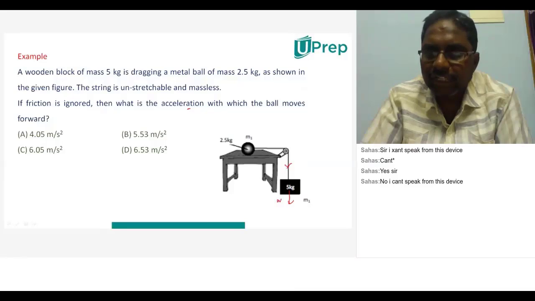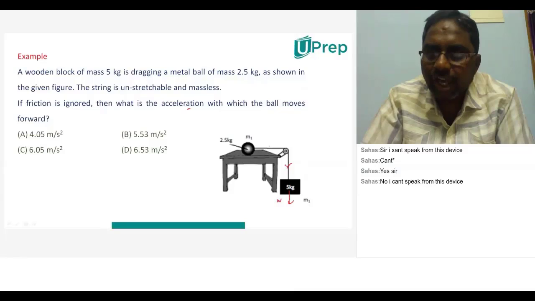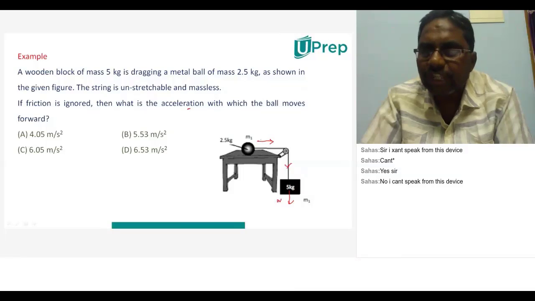When it is acting like this, whatever weight is acting on this 5 kg will act on this particular mass m2, and some force will act on the second object by which it moves in this direction. Our aim is to calculate the acceleration, and first you have to find how much resultant force will act on this.